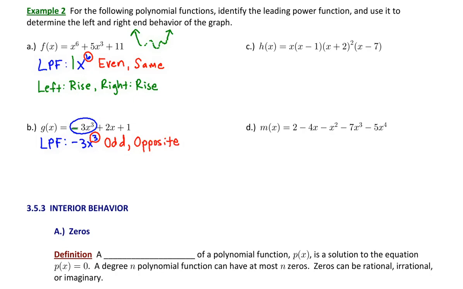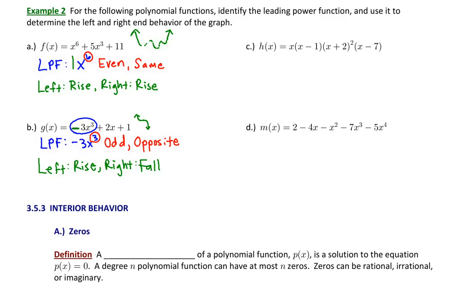Because our leading coefficient is negative, we can assume this is going to be the opposite of our basic cubic function, where the left side is going to rise and the right side is going to fall. Just think about reflecting that parent function x cubed across the x-axis.